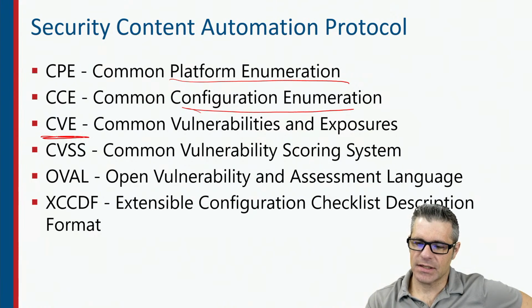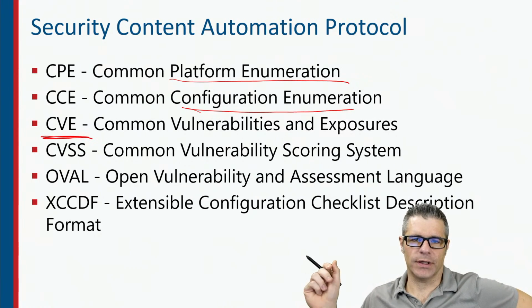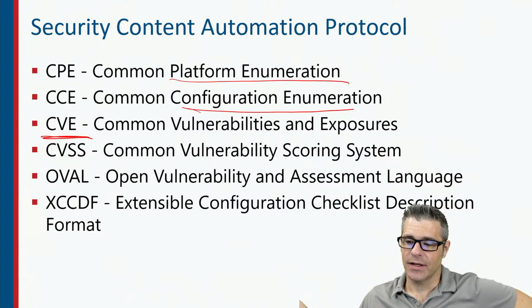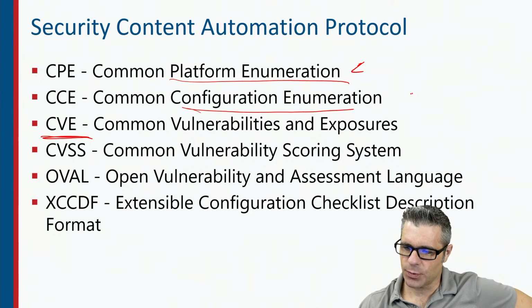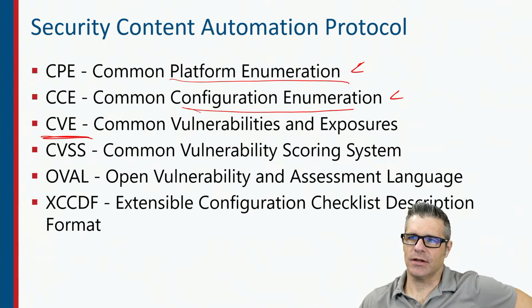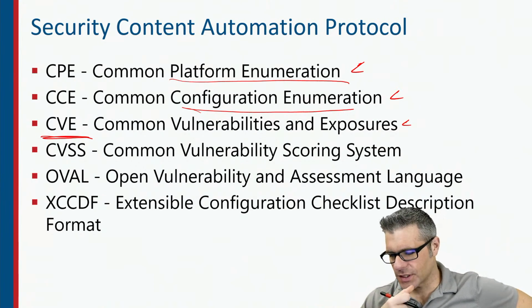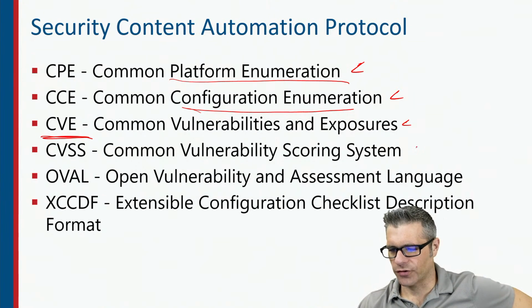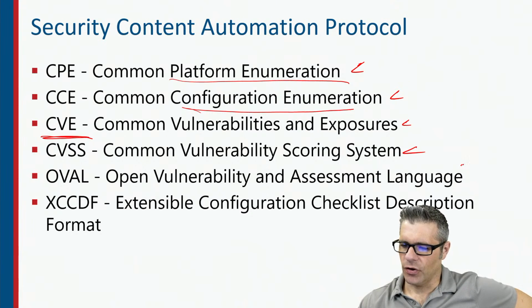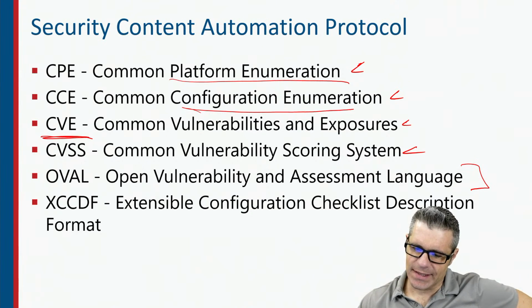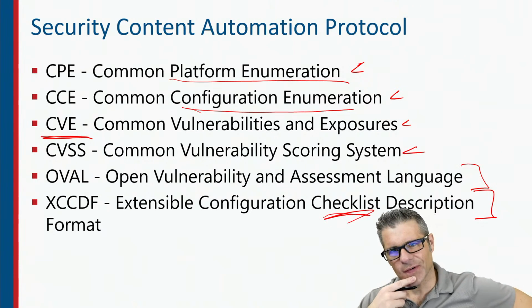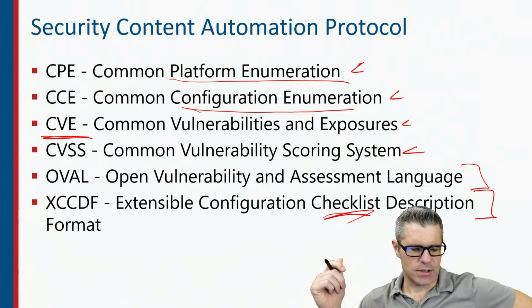Then the CVEs that are out there for vulnerabilities in the software on top of that. In addition to knowing what kind of system we're talking about and how it should properly be configured, are there any vulns in the stuff we're currently running? What score do they have? And then there is OVAL and XCCDF for creating checklists for what should be done for those configurations.